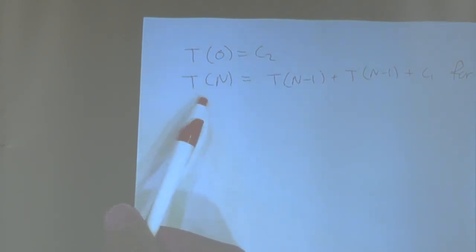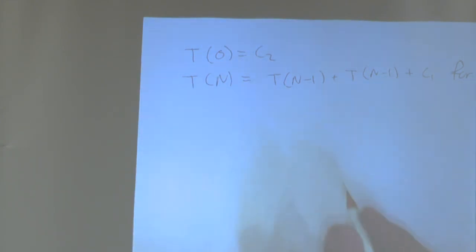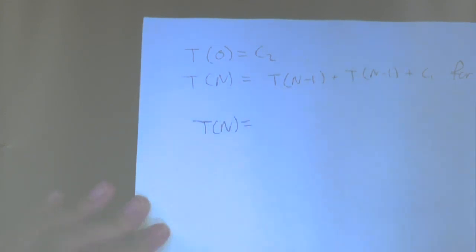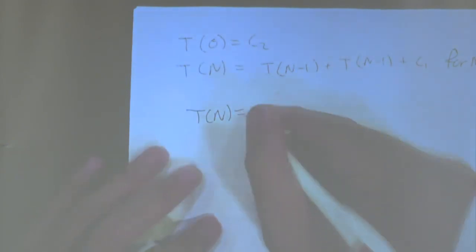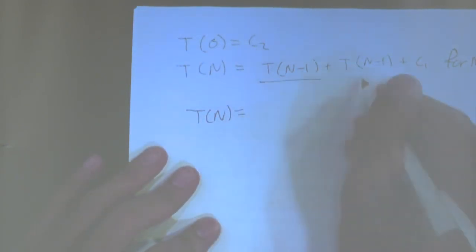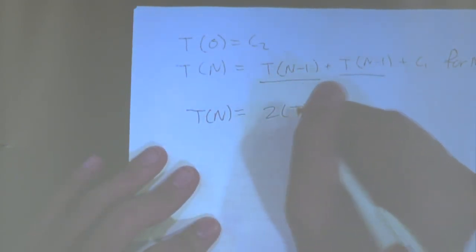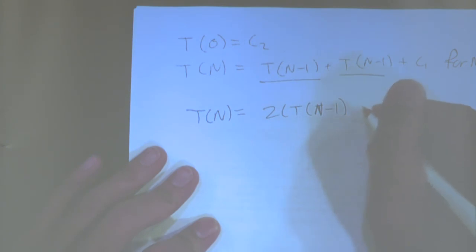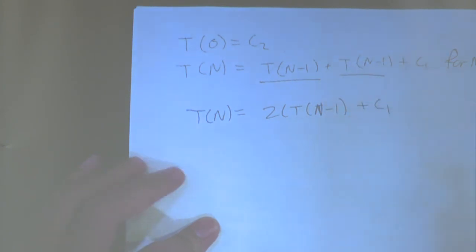So to do that, let's try simplifying this equation. We see that T of n, these two are the same, so it's going to be 2 times T of n minus 1 plus c1.